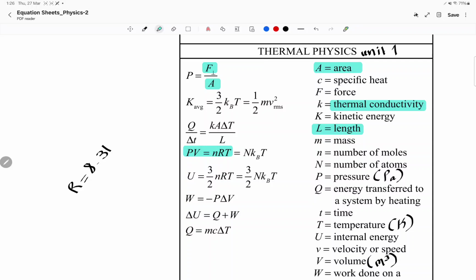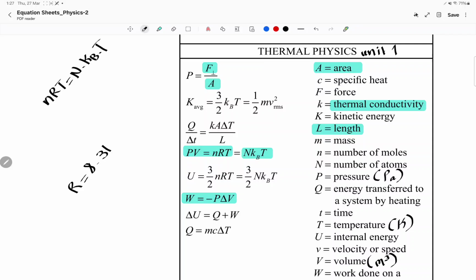Work is equal to negative PΔV. There has to be a negative in the equation. Also, PV is equal to NkBT. So basically we can say that nRT is equal to NkBT.